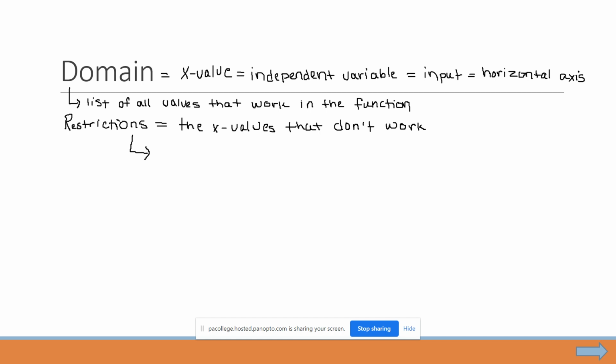So the first way that we can get restrictions is when the problem has division. So the function has division, and when that happens, we must restrict the domain so that we don't divide by 0.